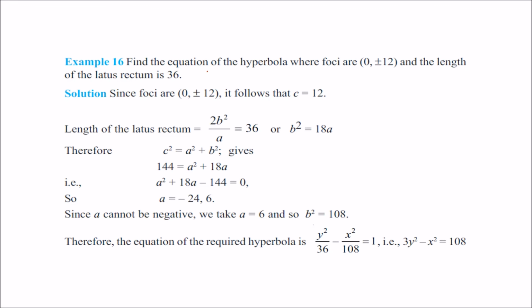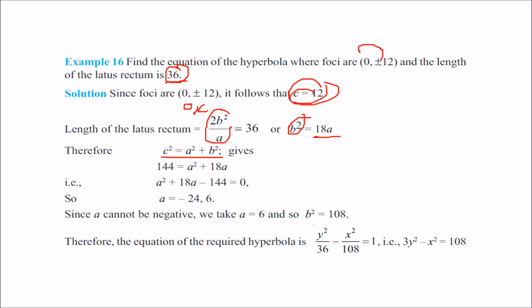Next question is, find the equation of the hyperbola whose foci are this and the length of the latus rectum is 36. Since we are provided with the foci, we know that this is 0, c. So c is 12. Also, the latus rectum is 36. That is 2b square by a is 36. That means we are aware that b square is 18a. Now, we know that c square is equal to a square plus b square.